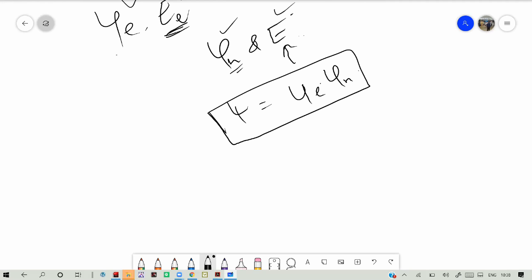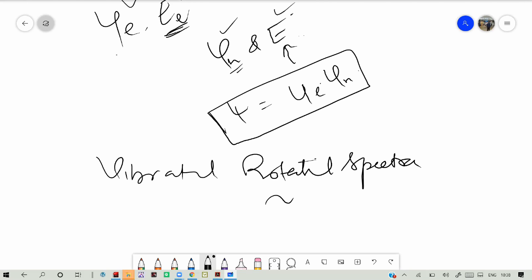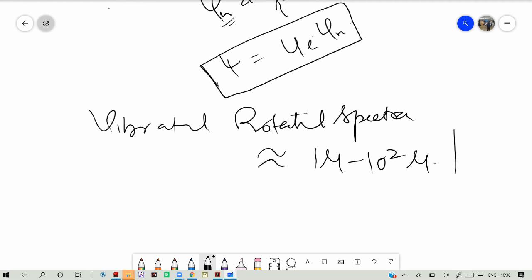The vibrational rotational spectra have an approximate range of 1 micron to 10 microns. 1 micron is a wavelength equal to 10 to the power 4 angstrom, and it falls in the range of the near infrared, NIR.